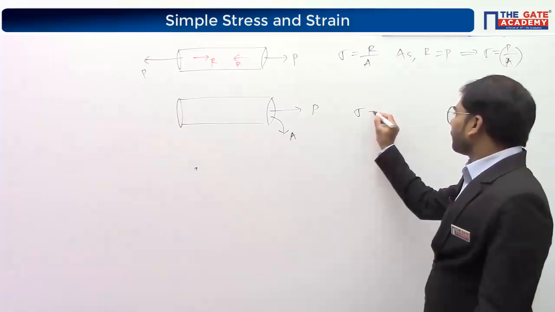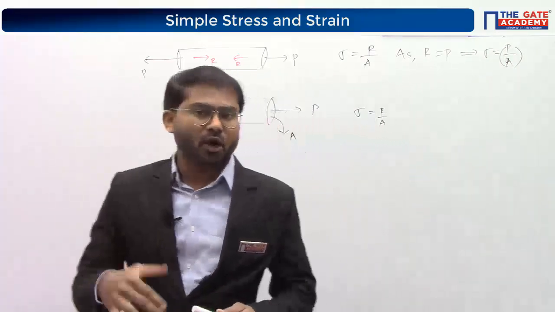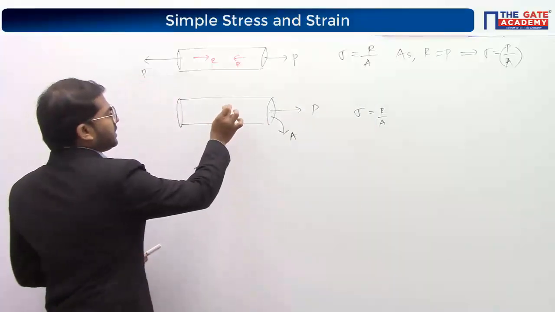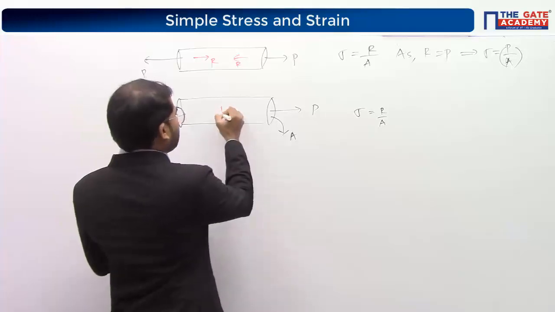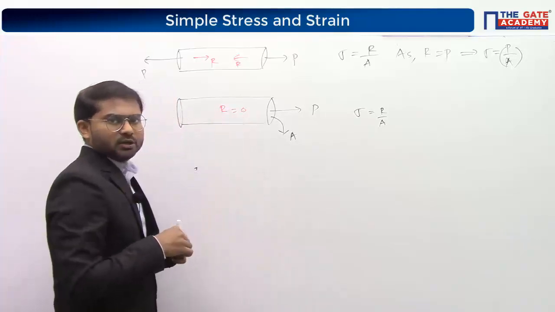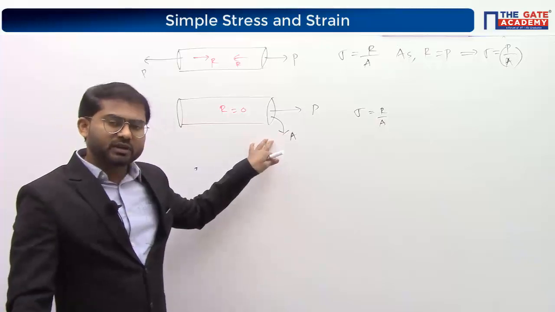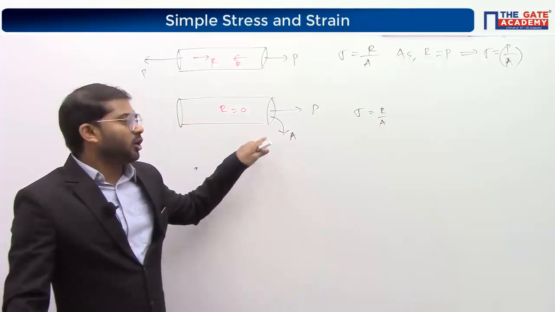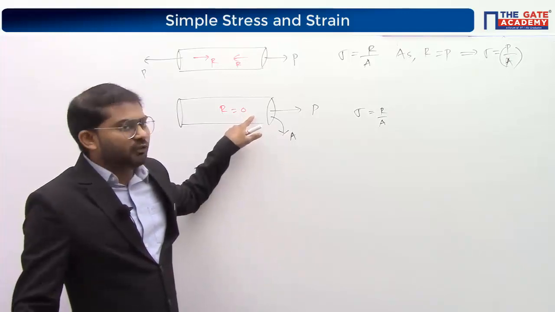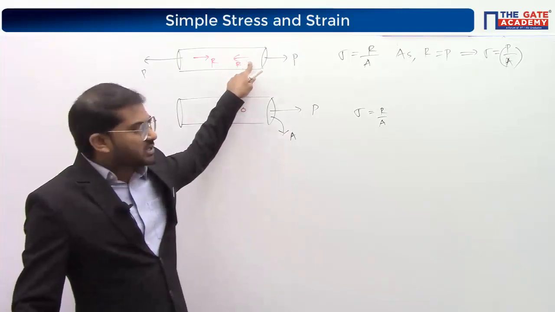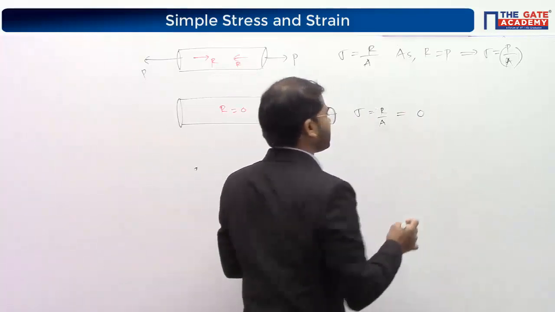But in the other case, sigma is equal to R by A, and R value is equal to 0 here. When you apply a force in this fashion, it will not give rise to any stress, because the material will not experience any internal resistive force. So in this case the correct answer for stress will be equal to 0.